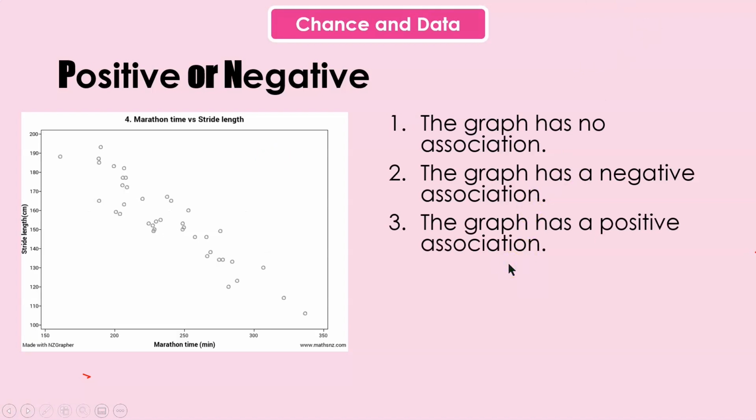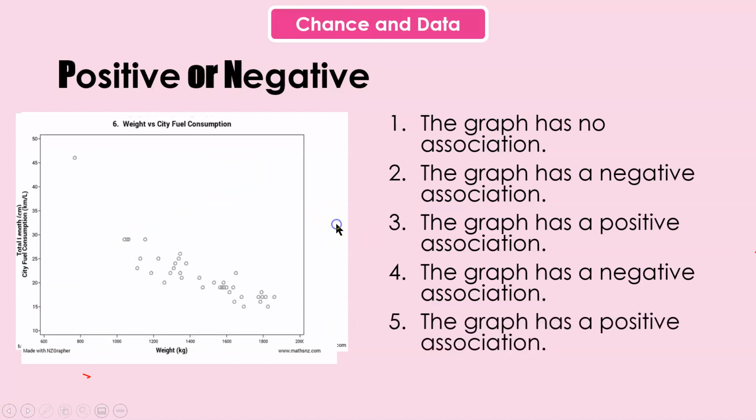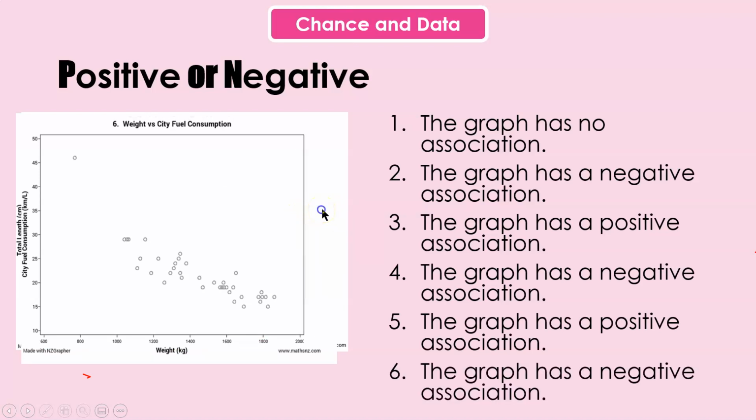Looking at our marathon runners, that's quite clearly a negative, so it's trending downwards from left to right. The fork length and the total length of the shark, we're trending upwards there, so that's positive. And the weight and the fuel consumption, we can see that that's trending downwards.